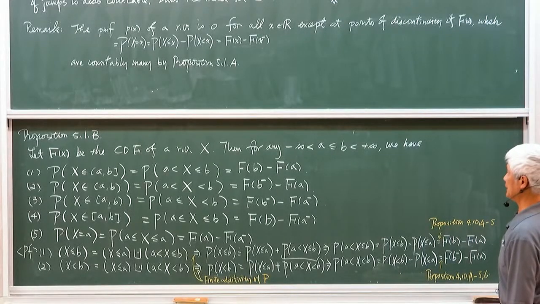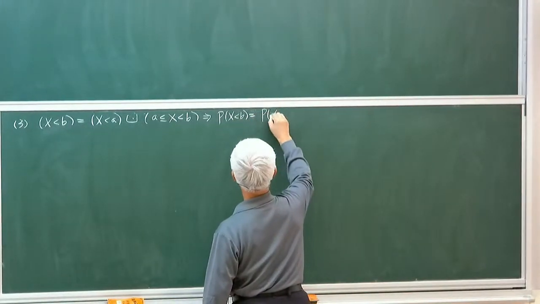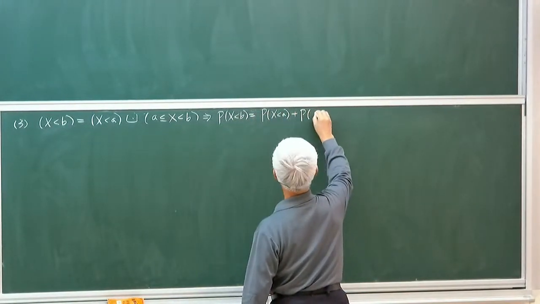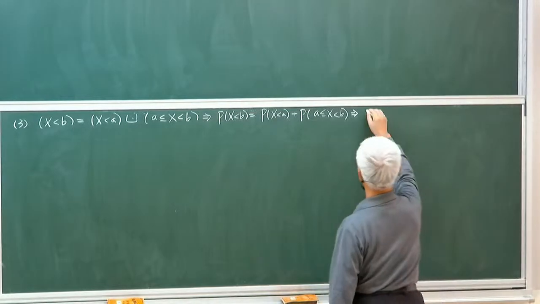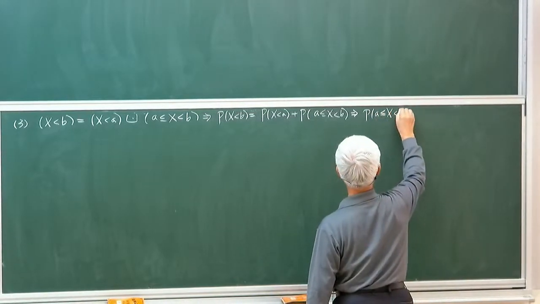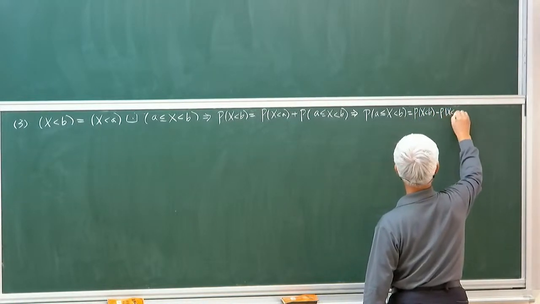The event X less than b is equal to X less than a, disjoint union a less than or equal to X less than b. This implies that the probability of a less than or equal to X less than b is equal to the probability of X less than b minus the probability of X less than a.